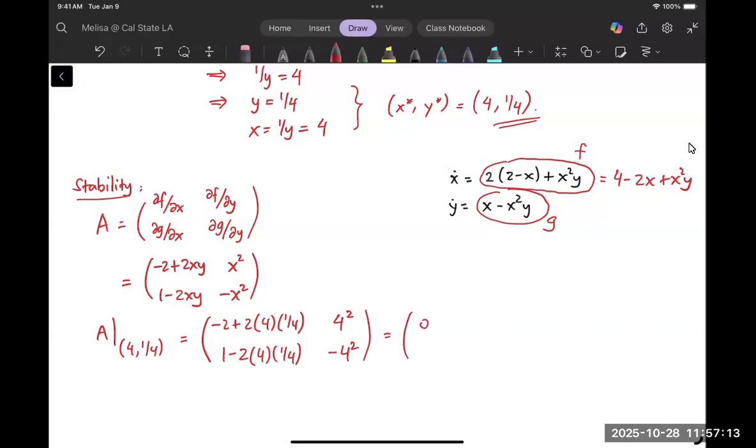All right, so we got 0, 16, minus 1, and minus 16. So this is your matrix A.